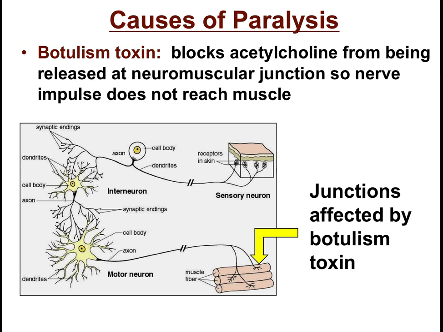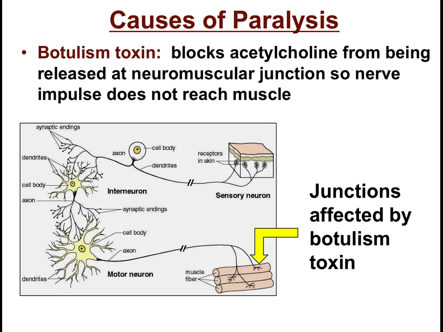You also can have something a little different, botulism toxin. Again, we're talking about a toxin released by bacteria, this one botulism. In this case, rather than the acetylcholine being released indiscriminately, like in the case of tetanus, here the acetylcholine is being blocked. So there is no release of acetylcholine.